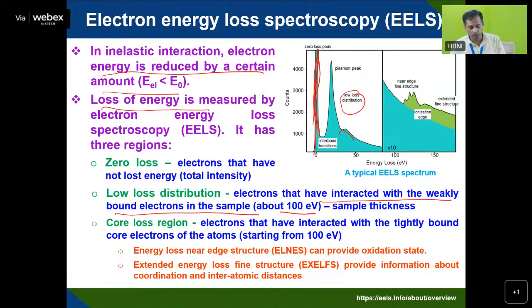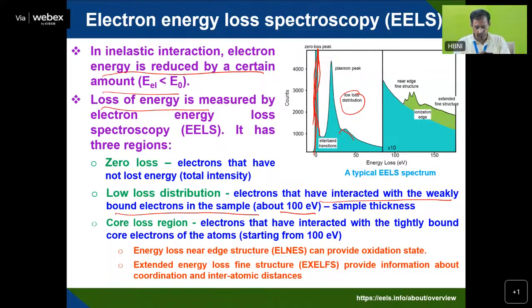That is the low loss distribution from lower interaction. In the core loss region, you get electrons that have interacted with tightly bound core electrons at the center.